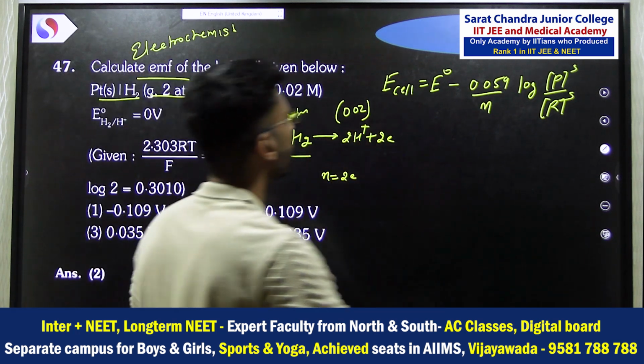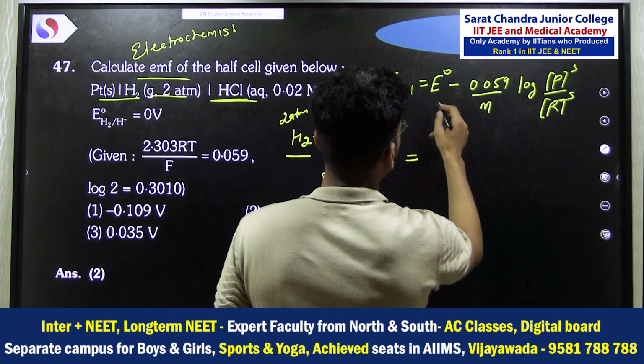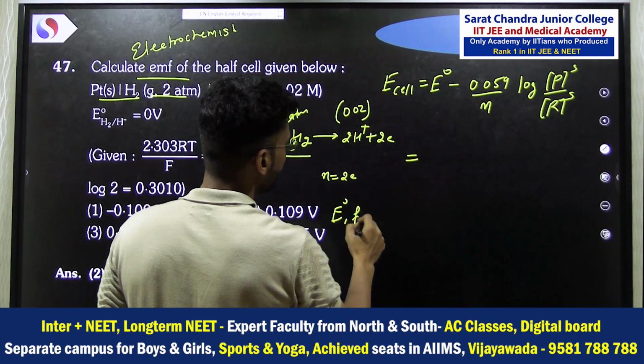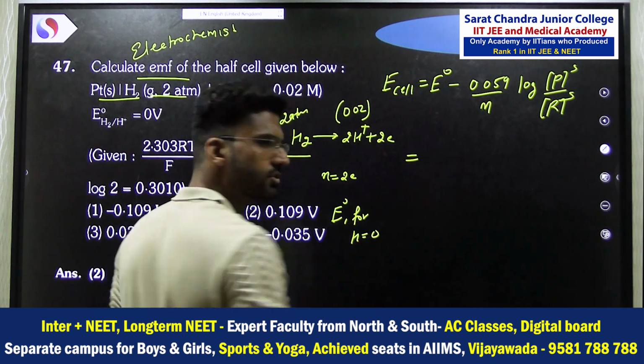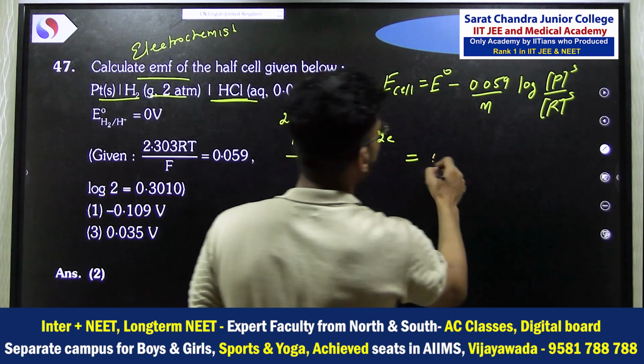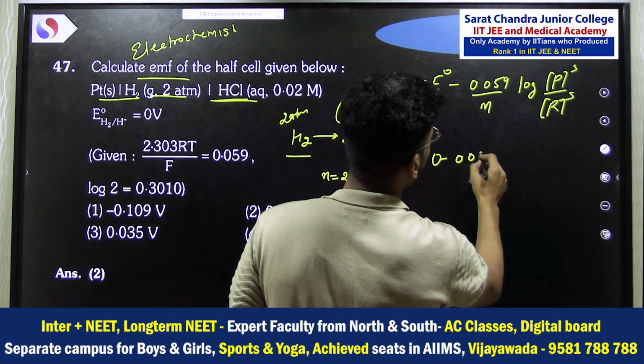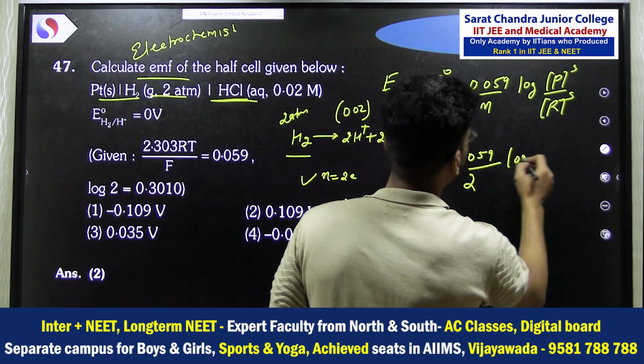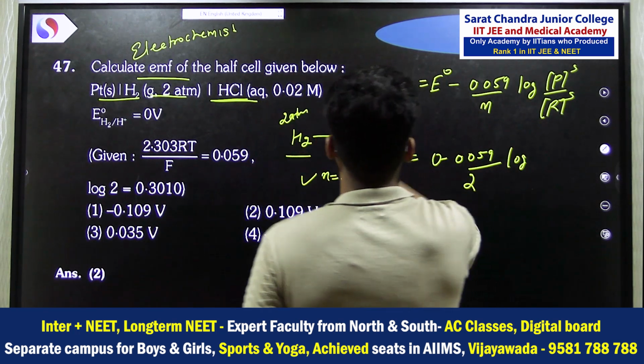So simply we can put this into the formula. E naught value for hydrogen, we know that is equal to 0. So 0 minus 0.059 by n value 2, log of concentration given 0.02.